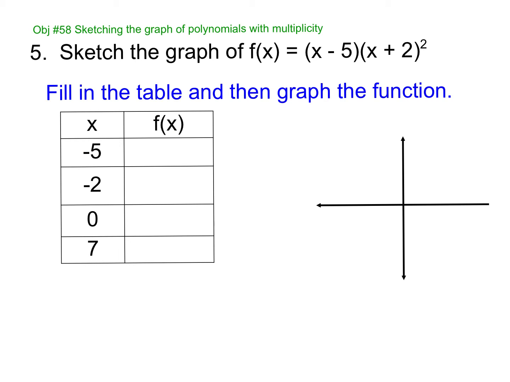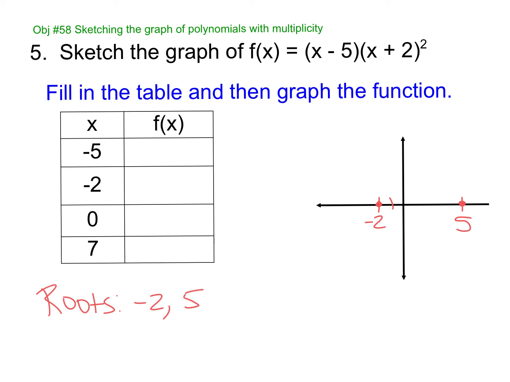Okay, so we are going to graph this. Think about what the roots are. What are the roots here? We got -2 and +5, right? So those are my roots. But now this one's weird because of that squared.